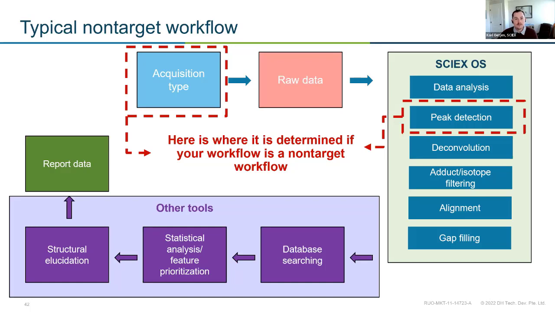With non-target workflows, limiting your bias is one of the more important things you can do, but it becomes challenging, right? When we think about just the fact that we chose an LC high-res system instead of a GC high-res system. We're using ESI, for example. So we're already biased towards some of the more polar compounds compared to if we did GCMS.